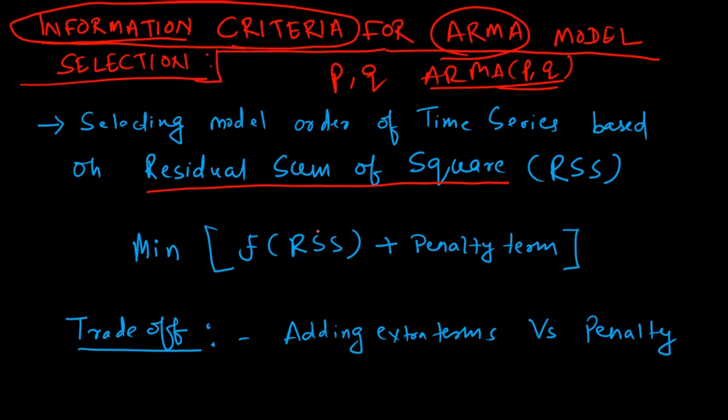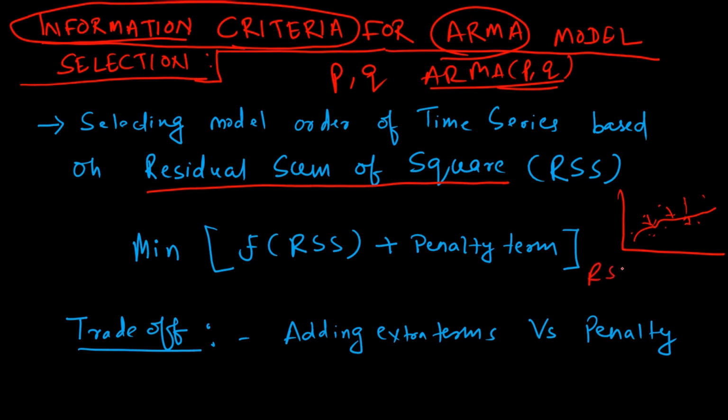Remember what the residual sum of square is? In a typical regression framework, let's say you have several data points and you are fitting some sort of a line which passes through these data points. The difference between the data points and the line or curve that you are fitting is the residual. When you square those residual terms and take the summation, that is your RSS.